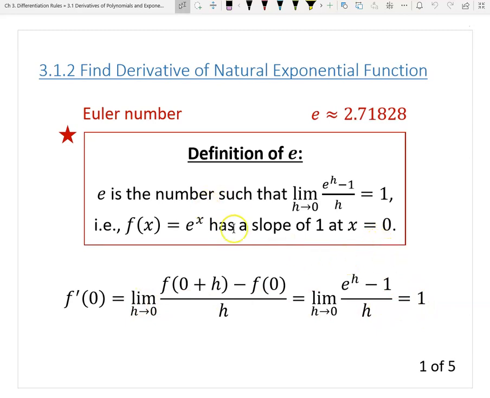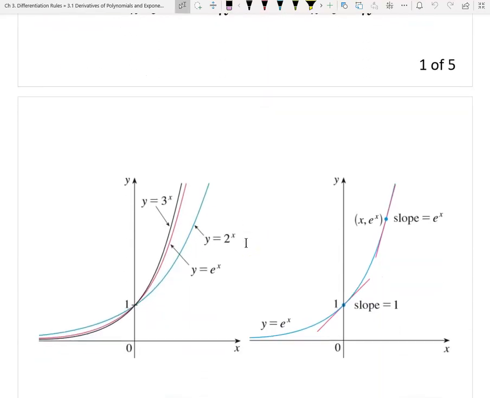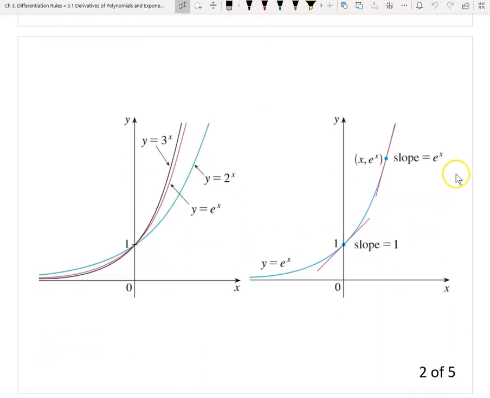What does this really mean? Can we look at the graph? So here we have a graph. We look at the left graph. We deal with exponential functions. We have two exponential functions. The first, the blue one, is y equals 2 raised to the x power.